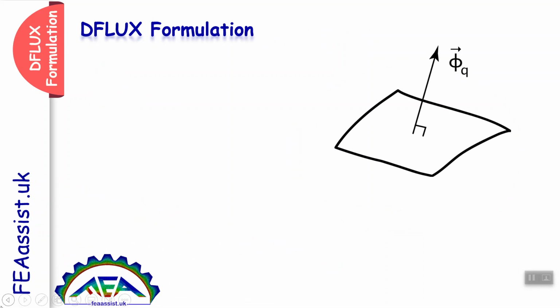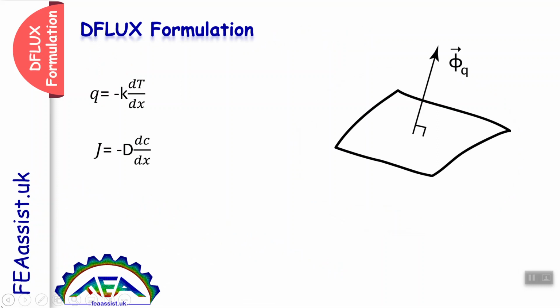DFLUX formulation. Before going to details of formulation, you need to understand flux. What is flux? In heat transfer problems, flux is the amount of heat, the amount of energy, transferring through a unit of area in unit of time, which is a function of the derivative of temperature with respect to x in one-dimensional problems.